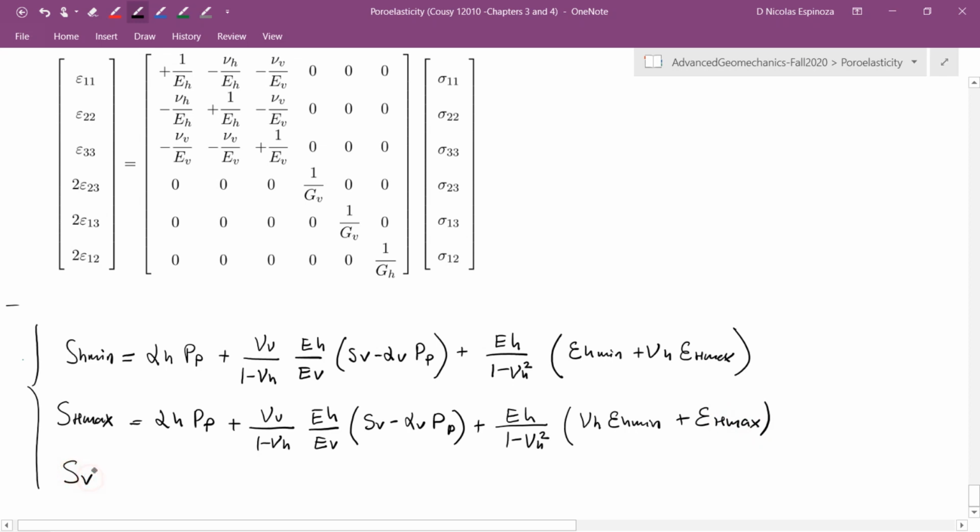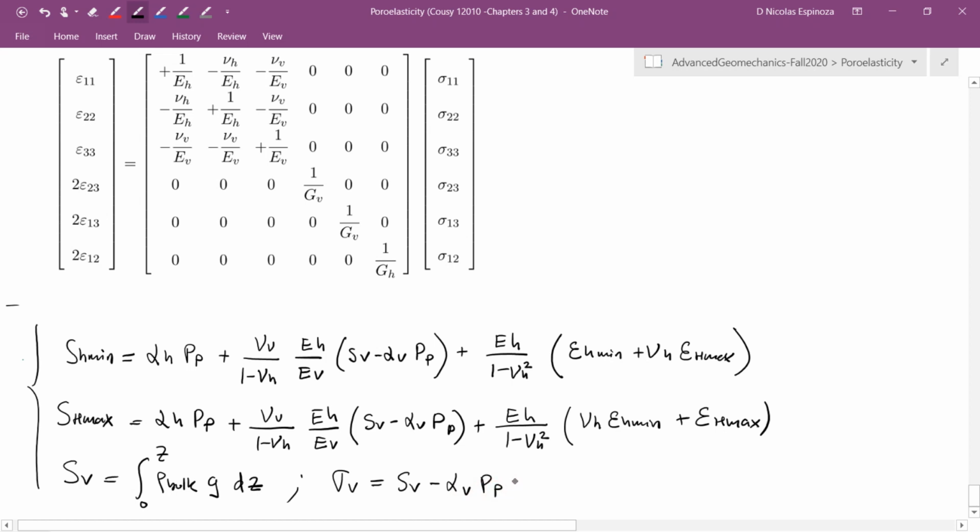and we know that SV is the summation of the weight of the rock above the point I am considering. And just for the sake of also completing this, effective vertical stress is SV minus alpha V times the pore pressure.